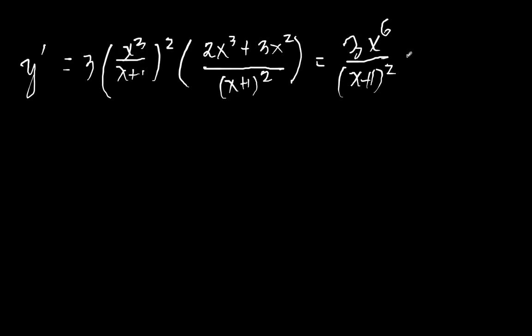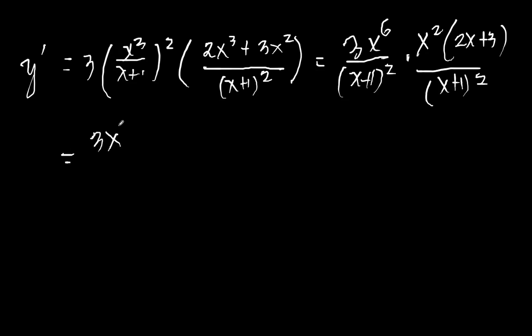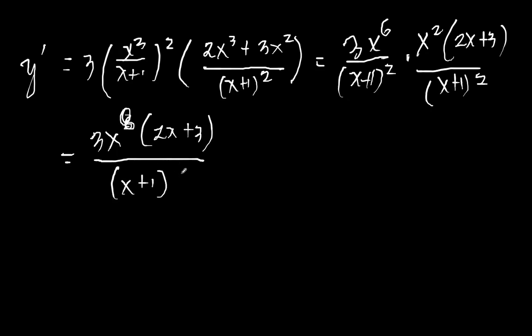And this one is times, I can factor out the x squared, 2x plus 3 all over x plus 1 squared, right? I think we can simplify this more. So we have 3x raised to 6, sorry, raised to 8, that's 6 plus 2 is equal to 8, times 2x plus 3, and multiplying the denominator, raised to 4. So this is now our answer.